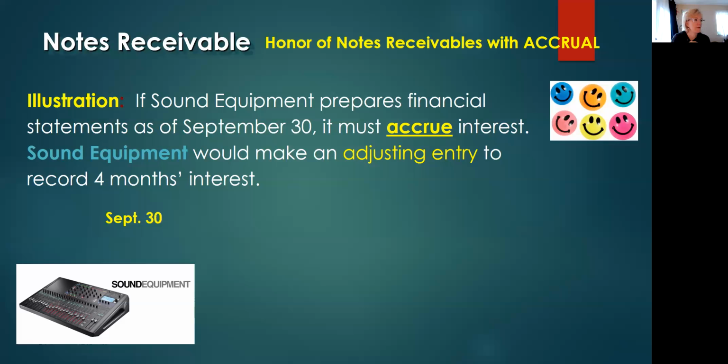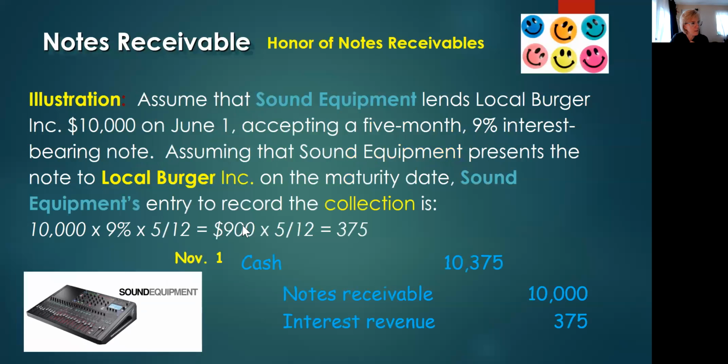So we know from the previous slide that the company was going to earn 5 months of interest or $375. But as of September 30th, they're only owed 4 months of interest because interest is a function of time.